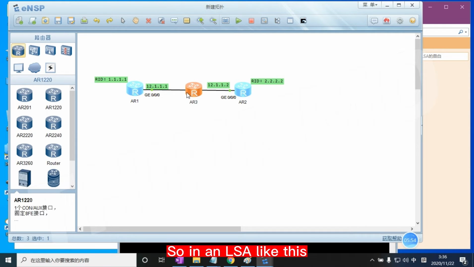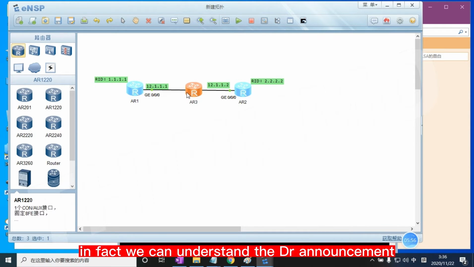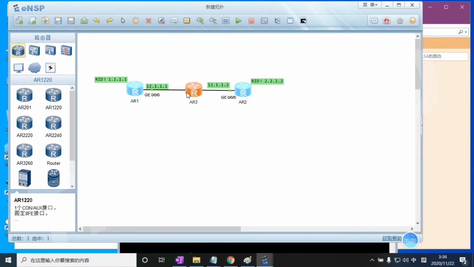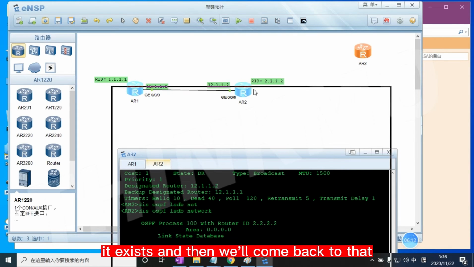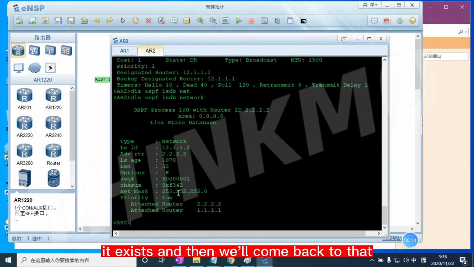So in an LSA like this, we can understand the DR announcement. The OSPF books do not mention the so-called pseudonode concept, but on a practical analytical level, it exists. And then we'll come back to that.